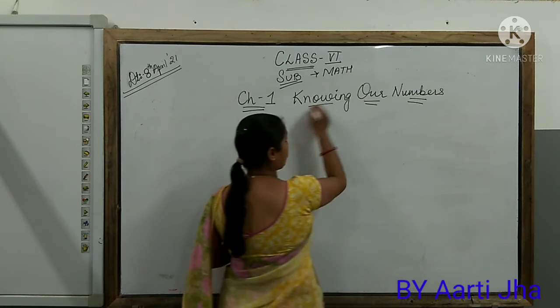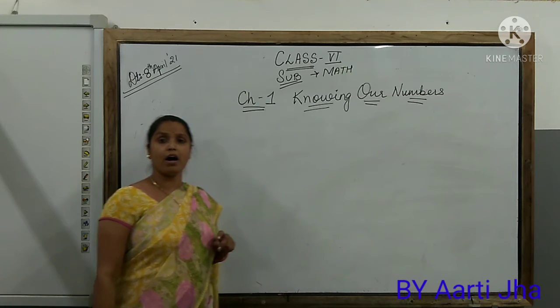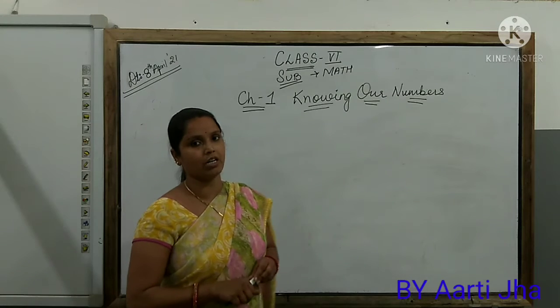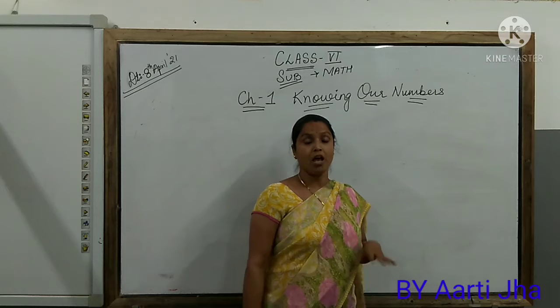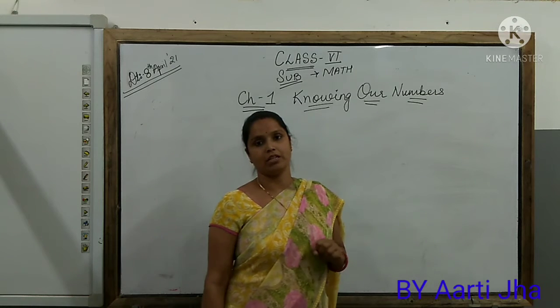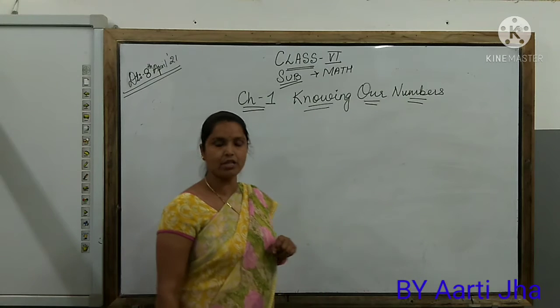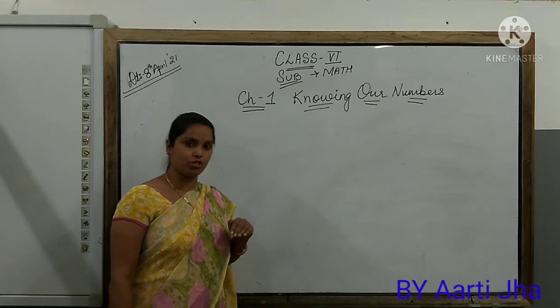Now from the topic of this chapter, I think you will be very clear that we are going to study numbers in this chapter. What are numbers? Numbers are formed by using digits, correct? And digits are placed at some position.